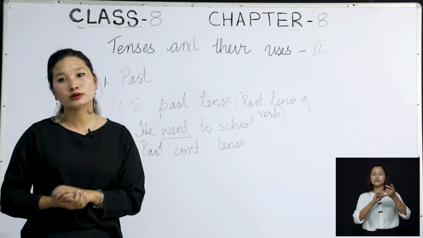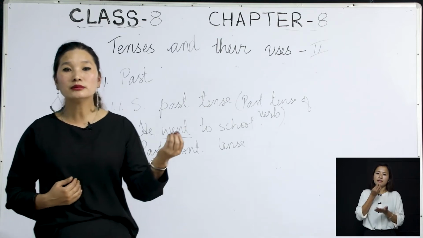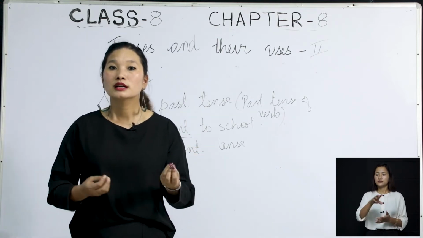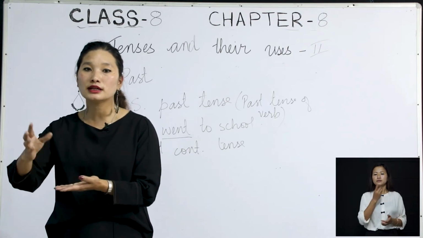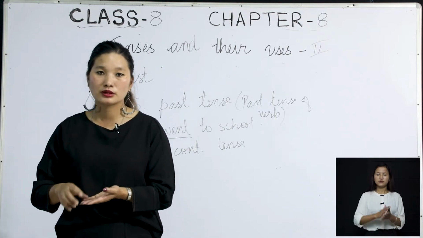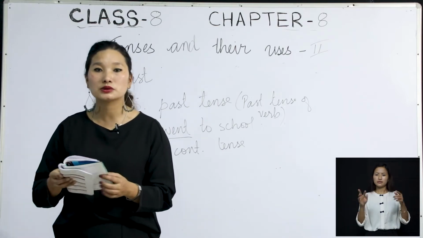I was having my dinner when she came in. Came in did not take place first. The first thing that was happening is dinner, right? First dinner, and then after that she came. So in these types of sentences, you can use the past continuous tense, okay?